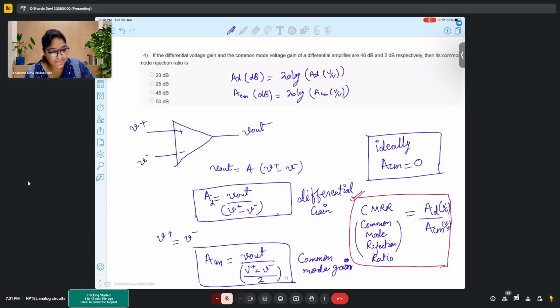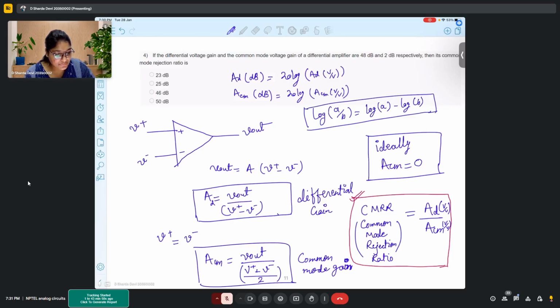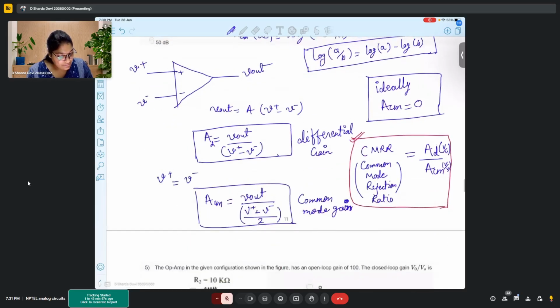Basically, log of A by B is nothing but log of A minus log of B. This is something that you people know, right? This is a basic log property. Yes, ma'am. So in this way, my CMRR would become AD in dBs minus ACM in dBs, right?